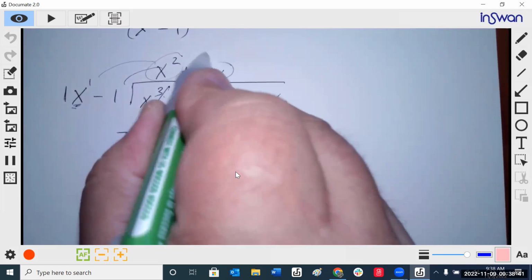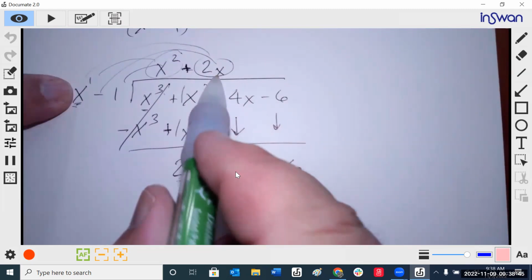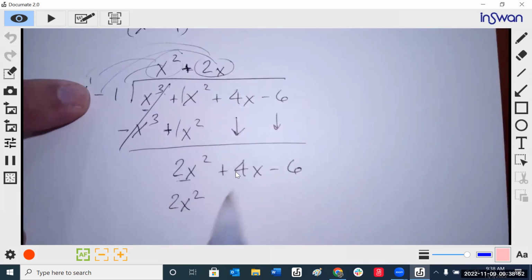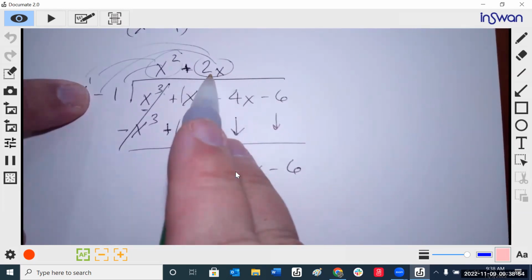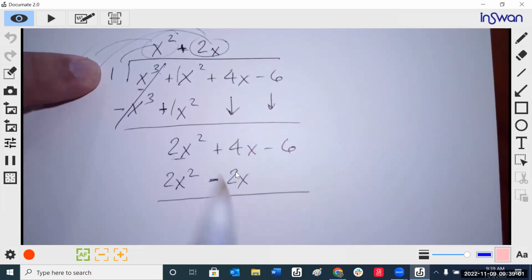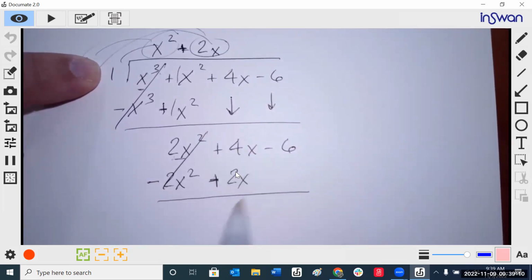So I take the 2x and multiply it to both of those. 2x times x is 2x squared. Positive times negative is negative. 2x times 1 is 2x. What do I do next? Change the signs and add. 4 plus 2 is 6x. Bring down the last one.